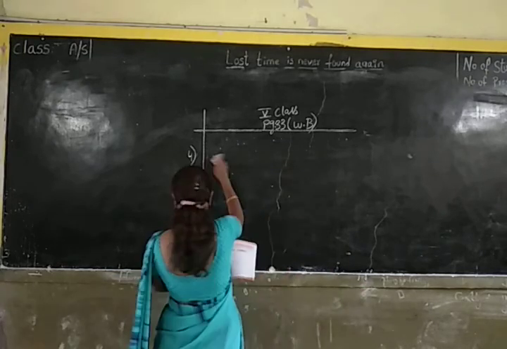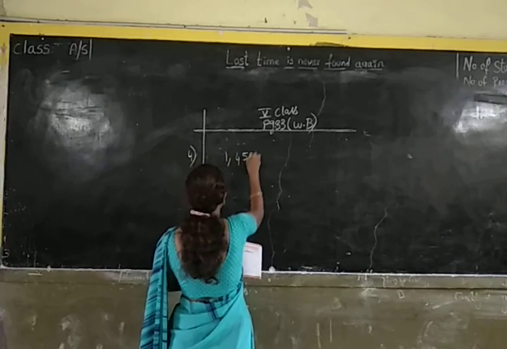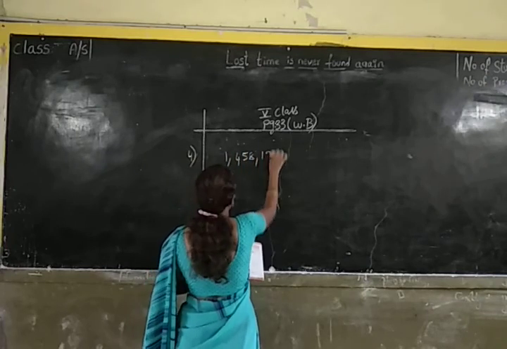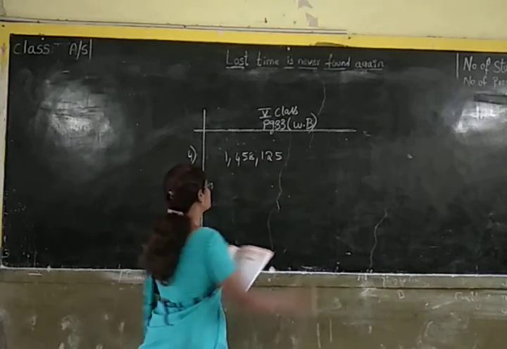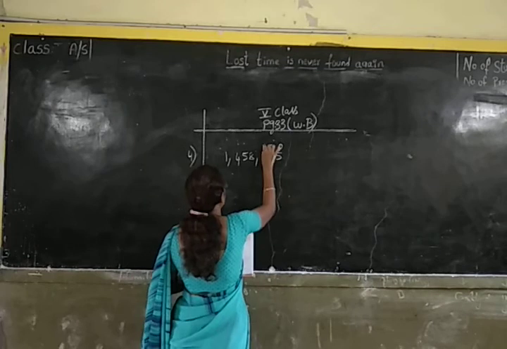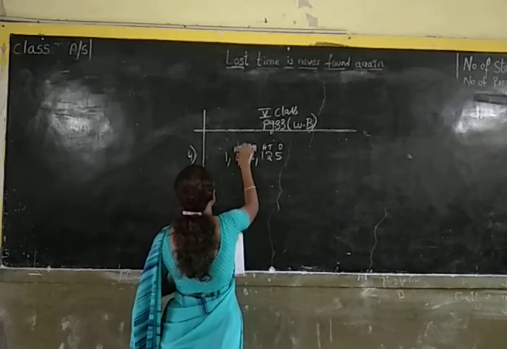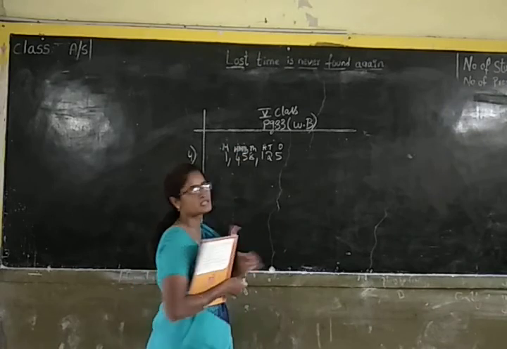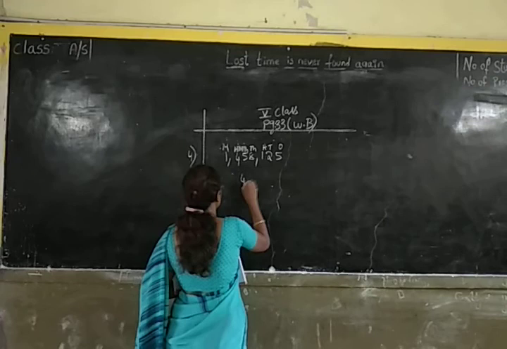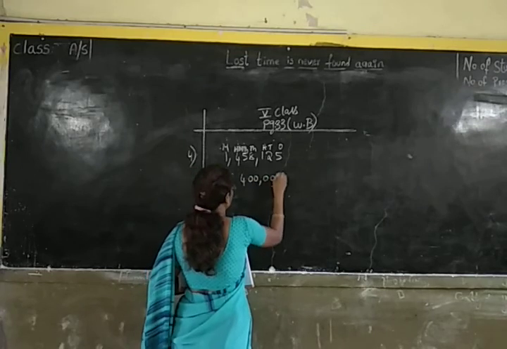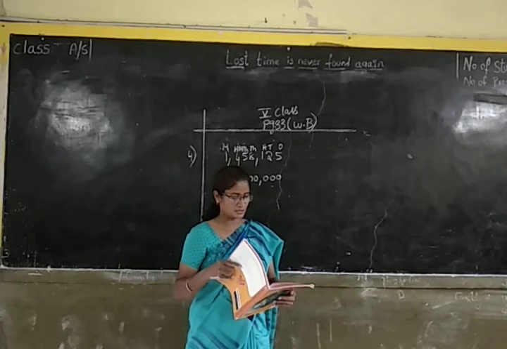So you have to write down the place value of 4. Ones, tens, hundreds, thousands, 10,000s, 100,000s, millions. So 4 is in which place? 4 is in 100,000s place. So its place value is 400,000. The correct option is given in C.